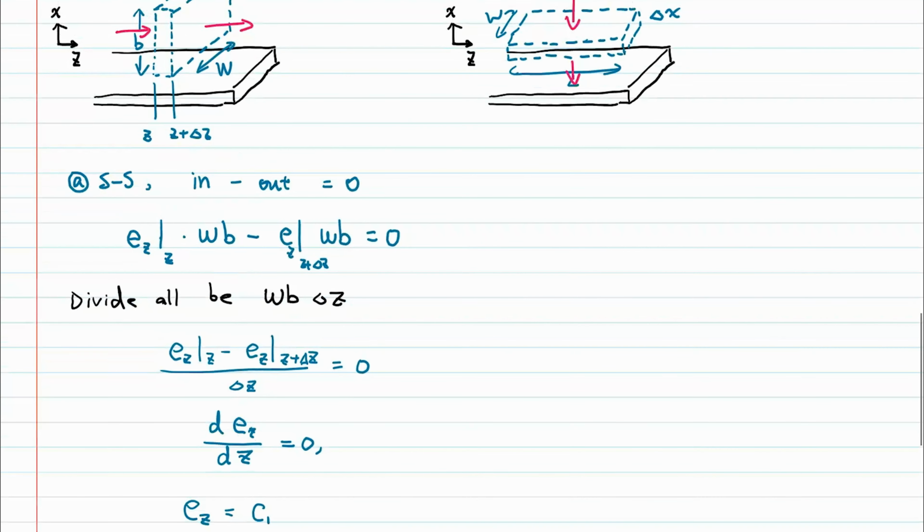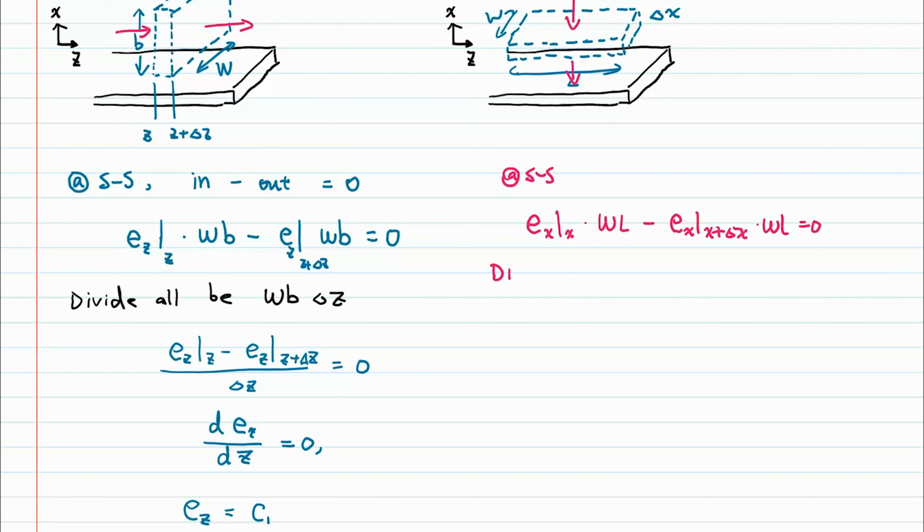And let's do the same thing on the right-hand side. So again, at steady state, we have E in the x direction now. Ex at x times WL minus Ex going out at x plus delta x times WL equals 0.